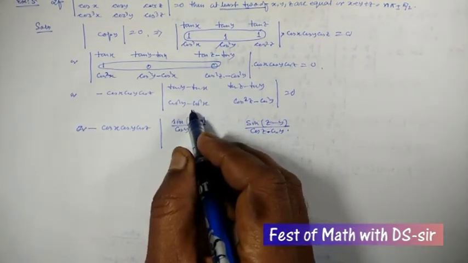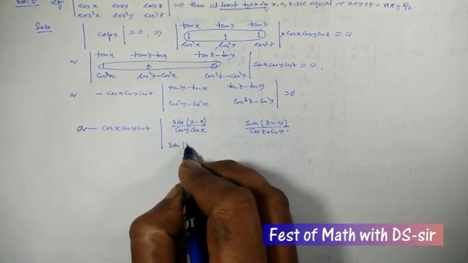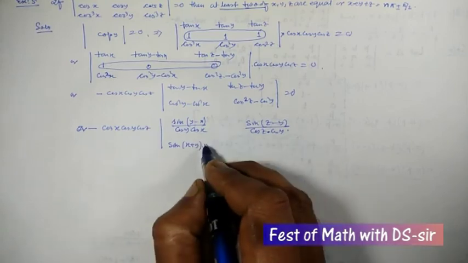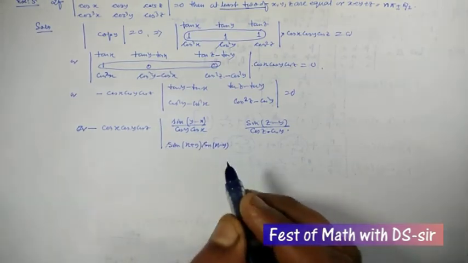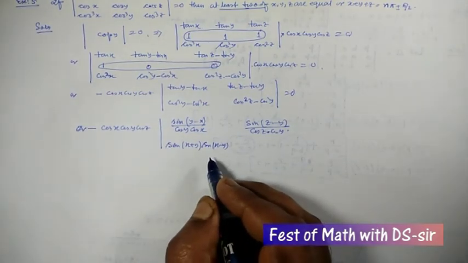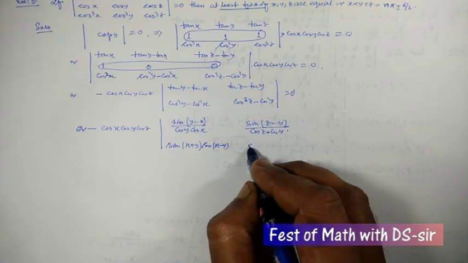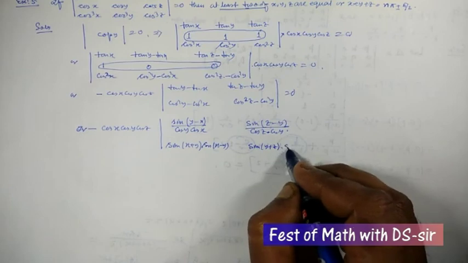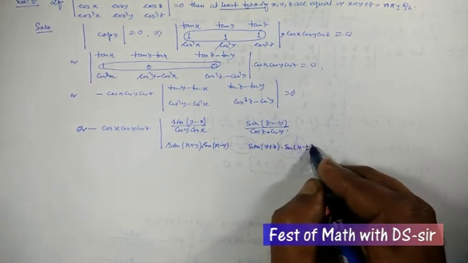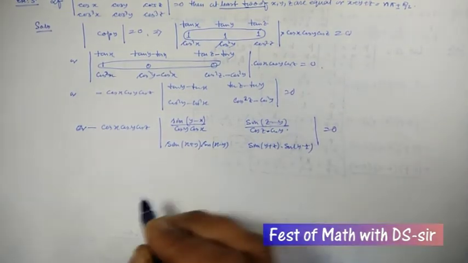What we can write it? We can write it sine of (x plus y) into sine of (x minus y). And cos square z minus cos square y, we can write it sine of (y plus z) into sine of (y minus z) equals 0.